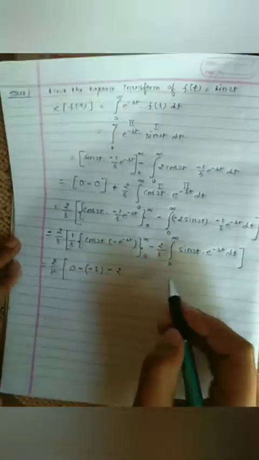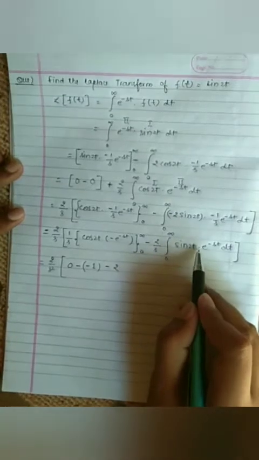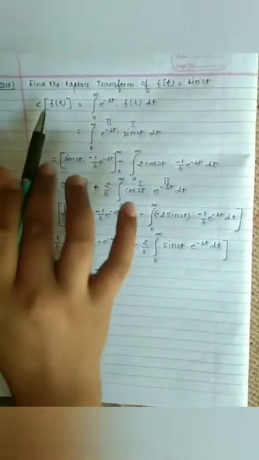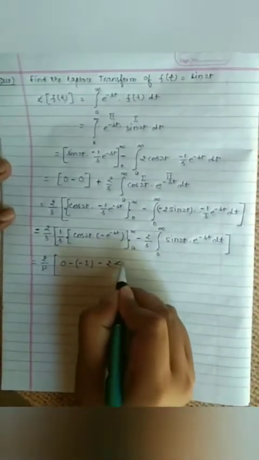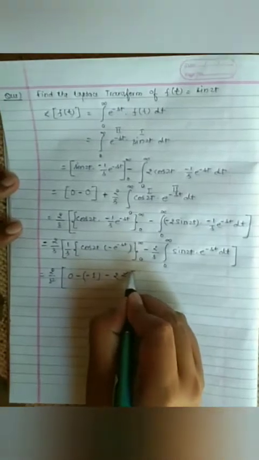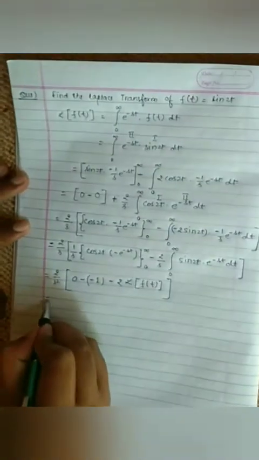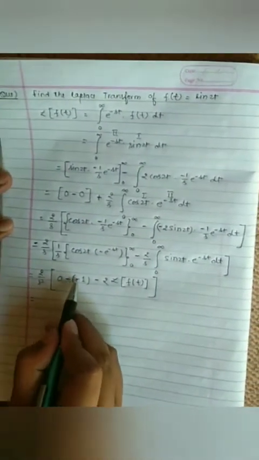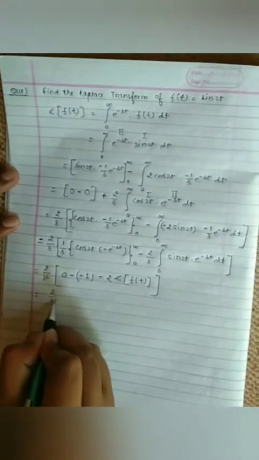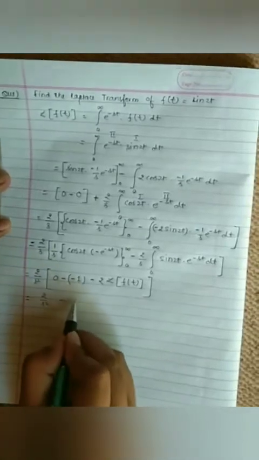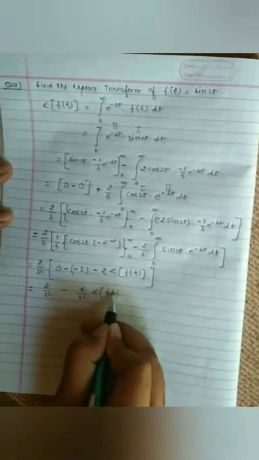And the integration taken from 0 to infinity of sin 2t into e power minus st dt was the Laplace transform of f of t, so we can replace it with Laplace of f of t. Now this minus and this minus will become plus, so multiplying with 2 by s square, it will be 2 by s square minus 4 by s square Laplace of f of t.